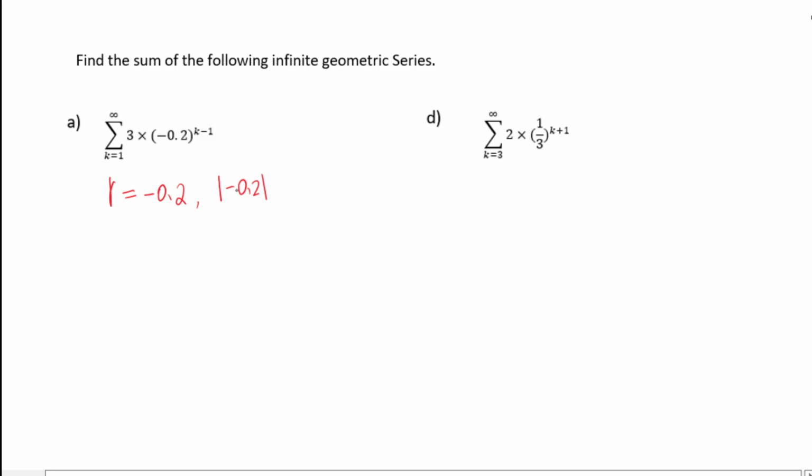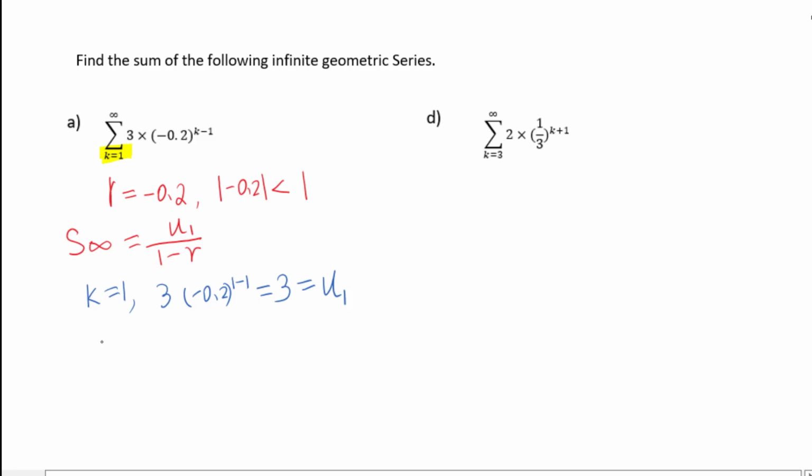The absolute value of -0.2 is less than 1, so we can use the formula S sub infinity equals U sub 1 over 1 minus R. When k equals 1, we have 3 times -0.2 to the 1 minus 1, that is the 0 power, which equals 3. This will be U sub 1, and R is negative 0.2.